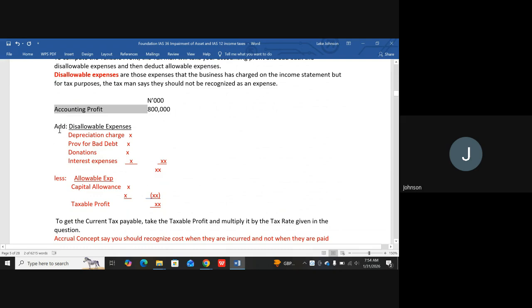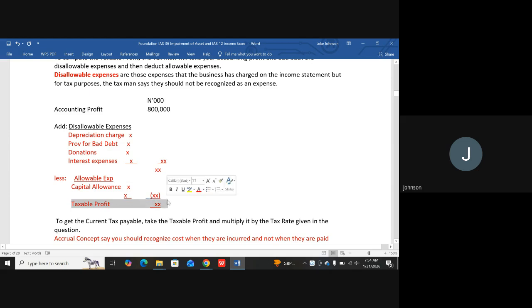You add back all the disallowable expenses, those are the expenses that are not allowable. Then you less the allowable expenses. Most times, the allowable expenses that you've not taken into consideration will be your capital allowance. What's left is what we call your taxable profit.